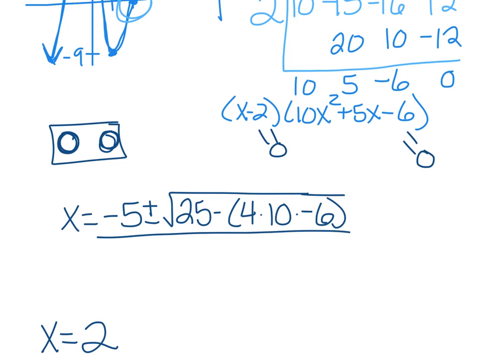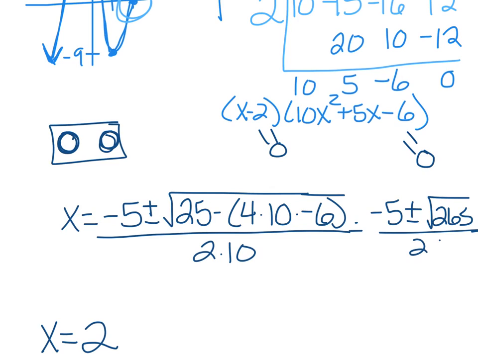all over 2a, which is going to give us negative 5 plus or minus the square root of 265 all over 20. And 265 does break down because 25 goes into that, so it is negative 5 plus or minus 5 root 23 all over 20.